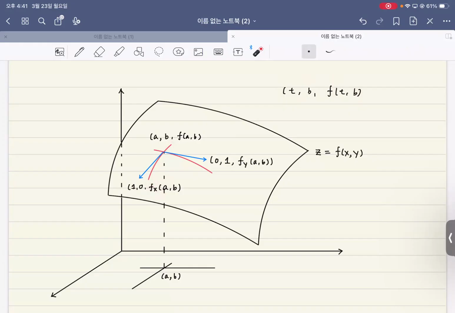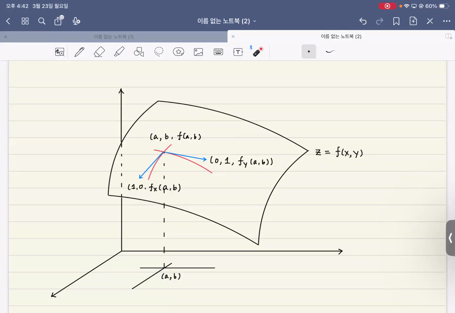Likewise, this other blue vector, which is tangent to this curve at this point, is going to be (0, 1, fy). So these are two tangent vectors at this point. Now things are really interesting.